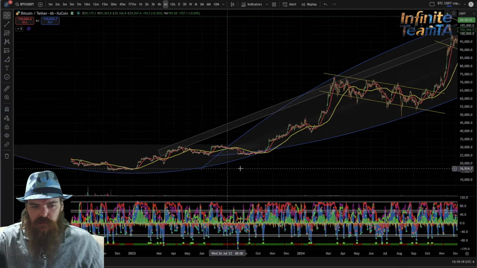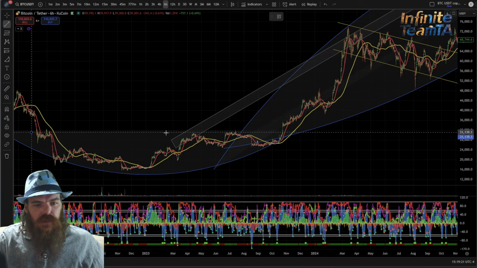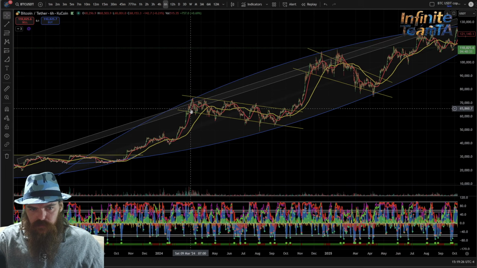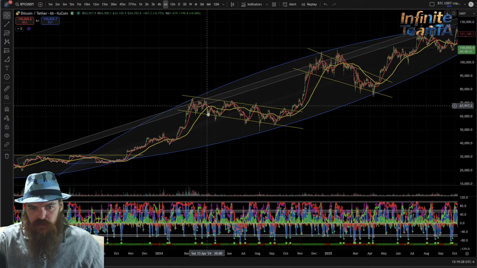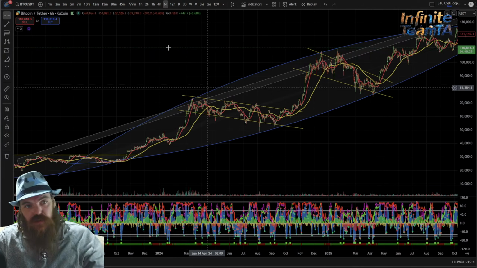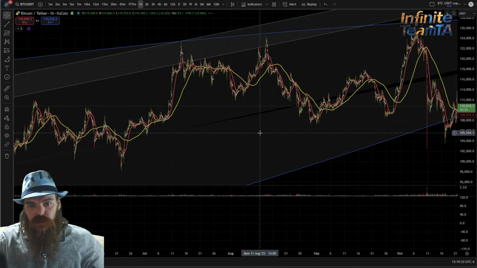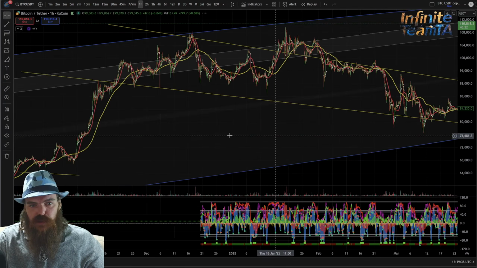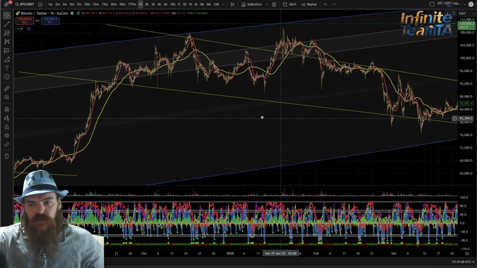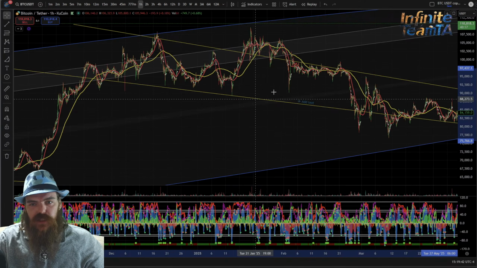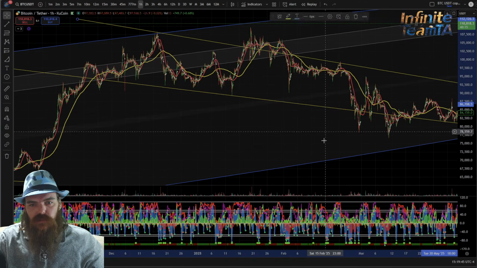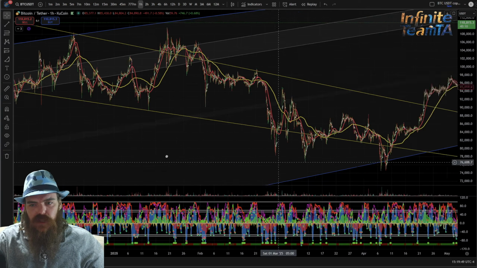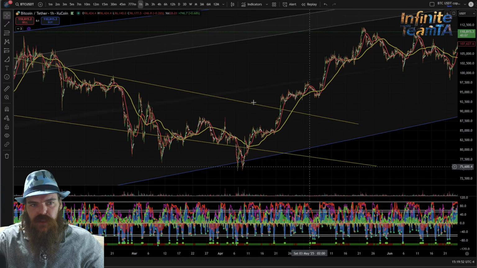No, you should have been in down here. Are you entering here? Unless you're zooming in to this, sure, maybe. Once you establish a pattern, you might trade this range for a while. But if you buy up here, you're now stuck until this pattern finally breaks out.